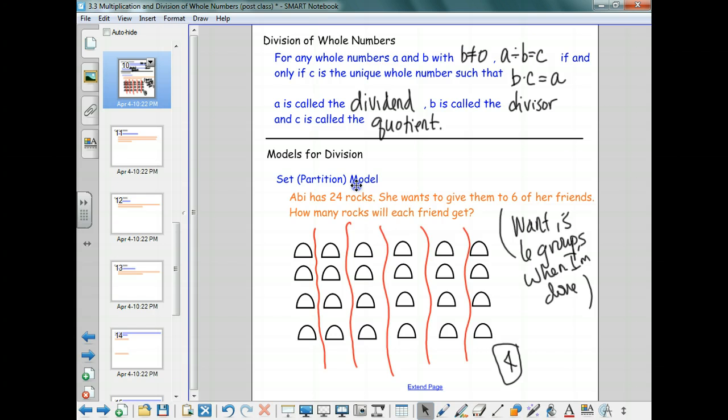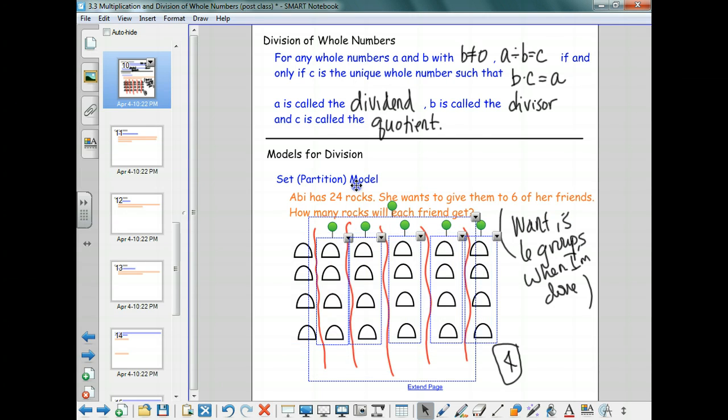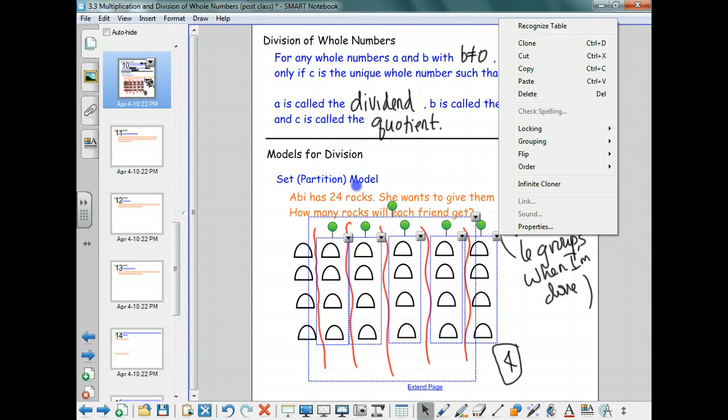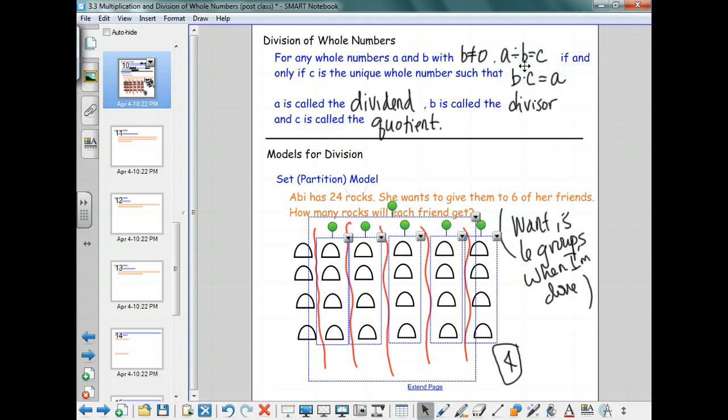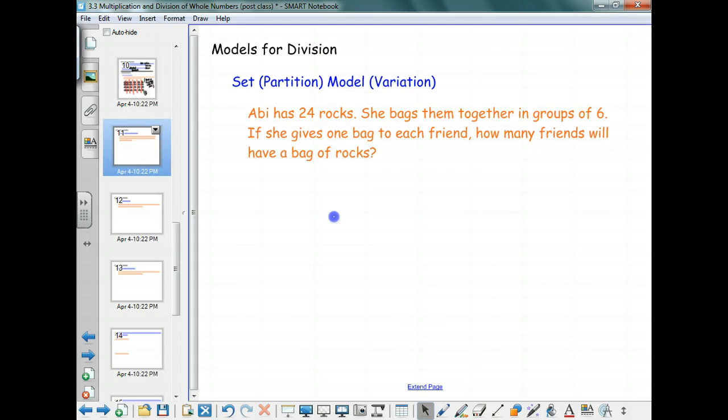Okay, I think I need those same rocks. Let's see if I can get them on my next screen. Apparently not. All right. I'm just going to draw my rocks this time. 24 rocks, right?